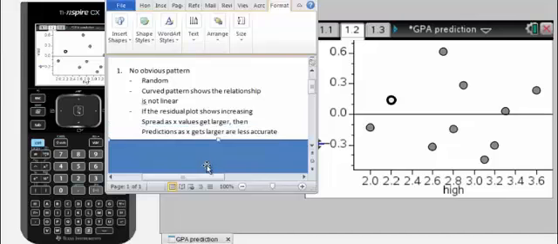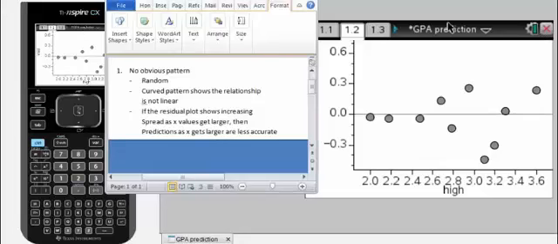And if the residual plot shows increasing spread as x values get larger, then the predictions as x gets larger are less accurate. And let me change some of this around so that you can see. For something like this, to the left they're very close to the regression or the mean of 0, but then as you're getting out further, they're getting further away.